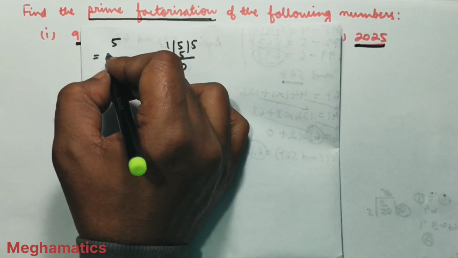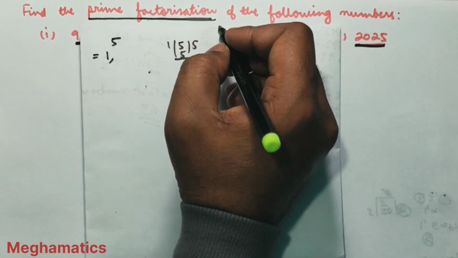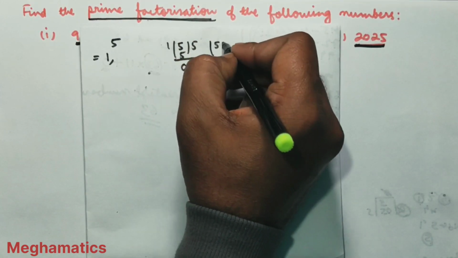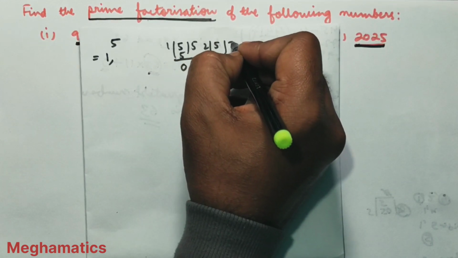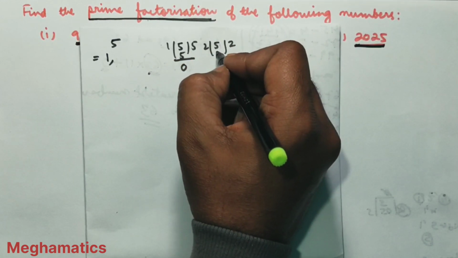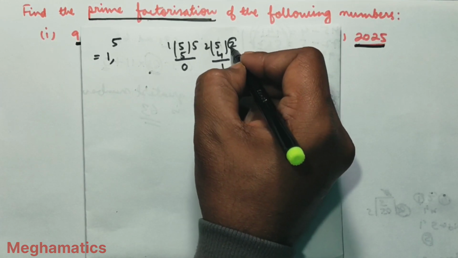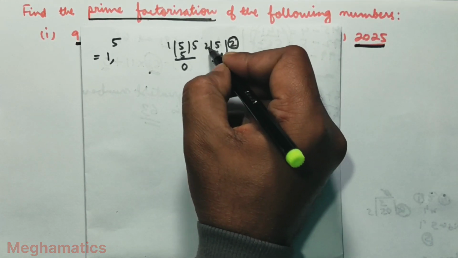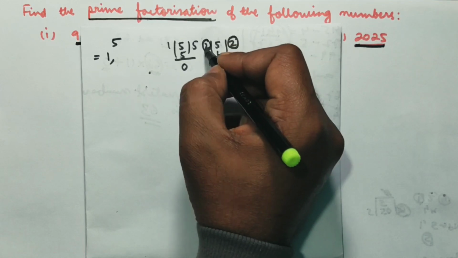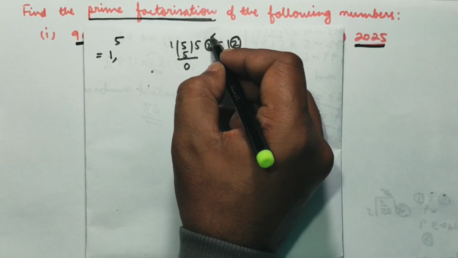So that means 1 is a factor of 5. Now if we divide 5 by 2, we get 2 times, here it is 4, and the remainder is 1. So 2 is not a factor of 5.